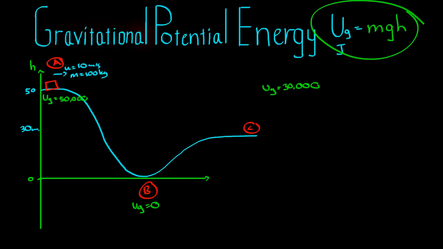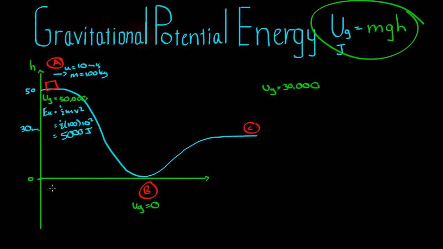So now we ask ourselves the trickier question: what is the kinetic energy at A? Well, EK is equal to a half mv squared, which is a half 100 10 squared, which is equal to 5,000 joules.